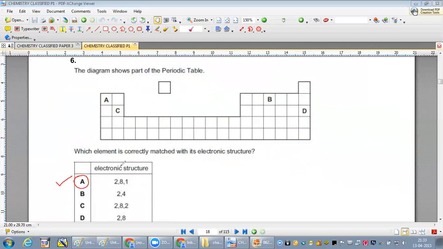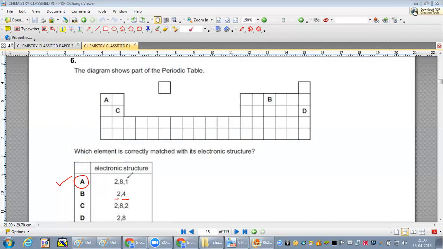Now we'll look at the other options B, C and D. What is wrong over there? Look at what is there for B. The electronic configuration given over here is 2, 4. So A will be wrong, the electronic configuration will be 2, 1.